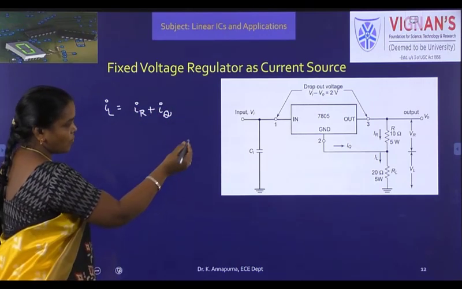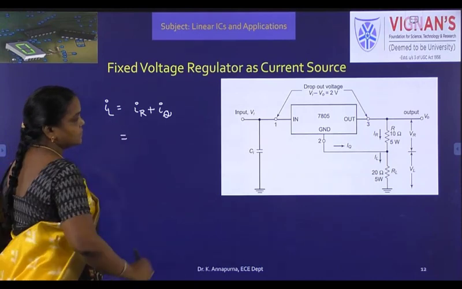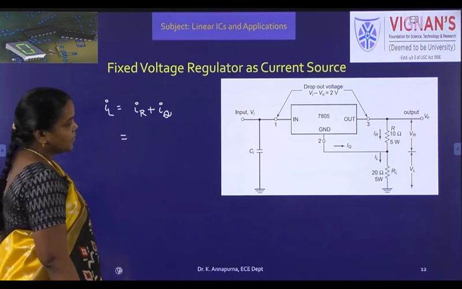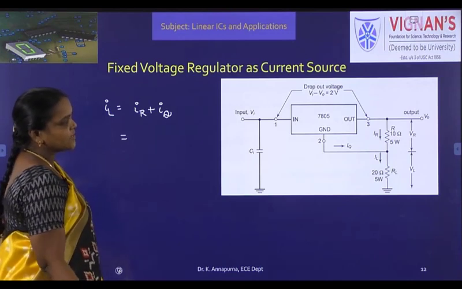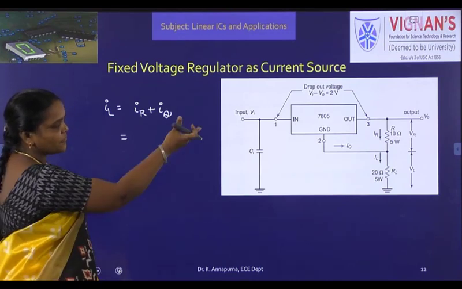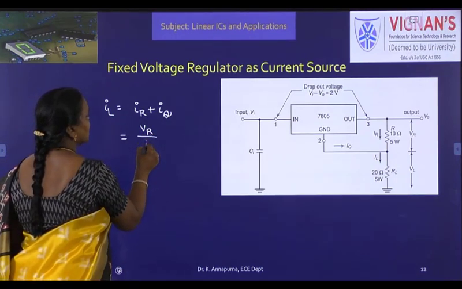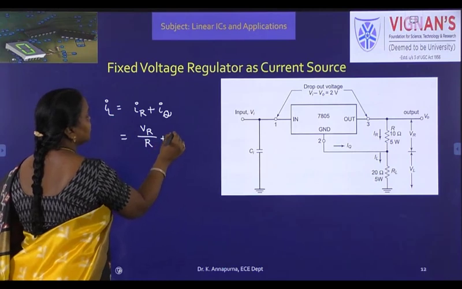What is IR? IR means the current flowing through the top resistor R. What is the voltage across it? It is the output voltage or reference voltage, right? So VR by R plus IQ.